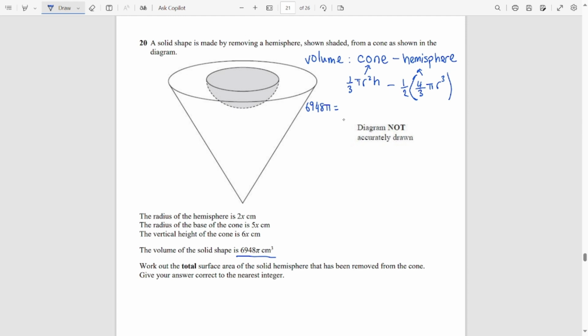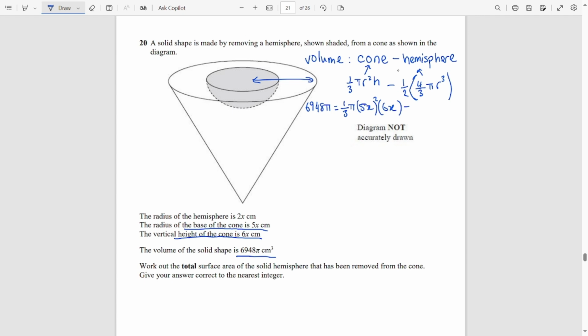And so that is equal to the volume of the cone, which is 1 over 3 pi r squared. Now, the radius of the cone, this distance here, has been given to us here. The radius of the base of the cone is 5x. So I'm going to put 5x in here, and then I'm going to multiply by h, and the height of the cone is 6x. So I'm going to multiply this, so it's squared, multiply that by 6x.